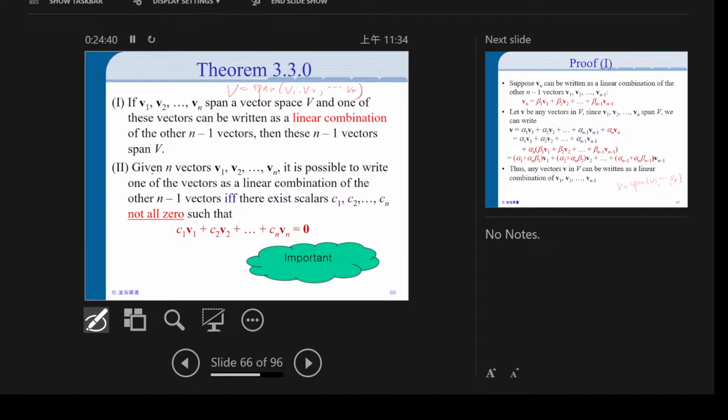The first is condition one, which says that if V equals a linear combination of others, that is, if there is some V that's a linear combination of other vectors, then you can remove V. And then condition 2 talks about this V being a linear combination of others.